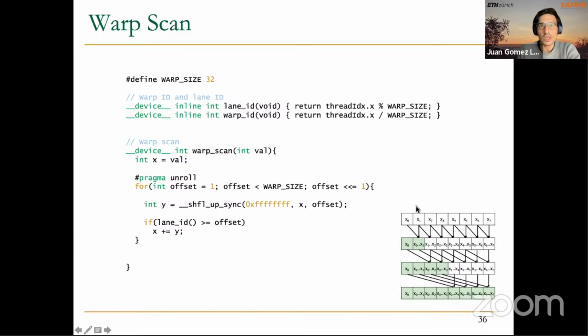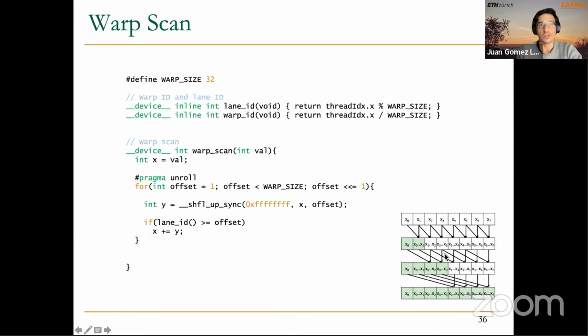What we do for each of the threads is to read the corresponding register X in the thread that is at a distance offset. For example, in the first iteration, when offset is equal to 1, thread 1 that executes here reads its own element, and also will use the value X from thread 0. And thread 2 will read its own element, but also will read the value stored in register X in thread 1, and so on.